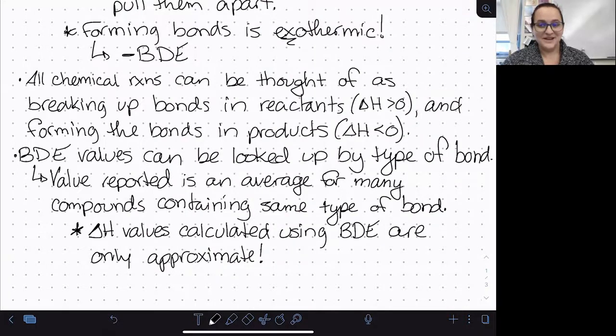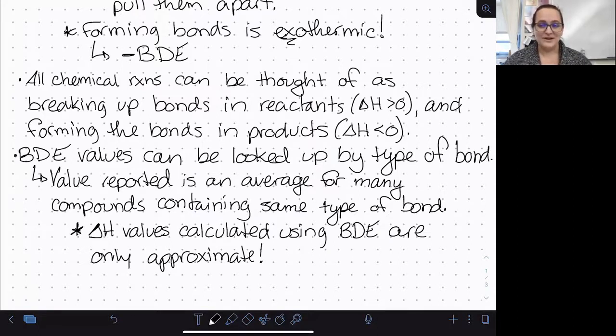And sometimes in science, you're working with something brand new to humanity. You may be creating a brand new compound that no one has ever made before. It's not as exciting as it sounds. But if no one's ever created this compound before, there won't be a heat of formation for it. There won't be delta H's known for any other reactions involving it. So we can't use those other methods.